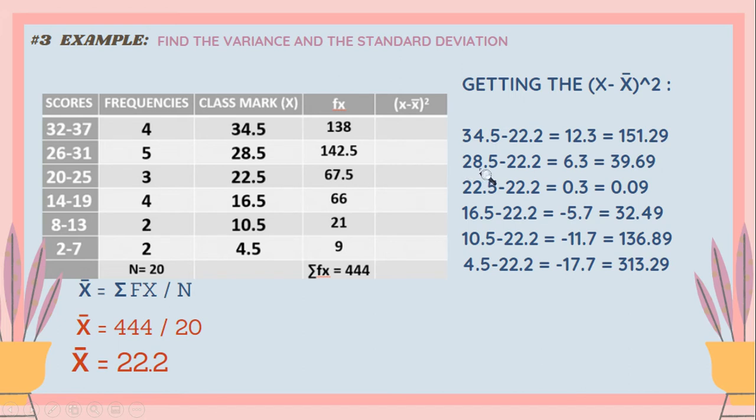And then 28.5 minus 22.2 is equal to 6.3 and then squared, so it will be 39.69. Then 22.5 minus 22.2 is equal to 0.3 and then squared, so it will be 0.09, and then so on. You just need to remember that after subtracting the mean from the class mark, you need to square your answer.